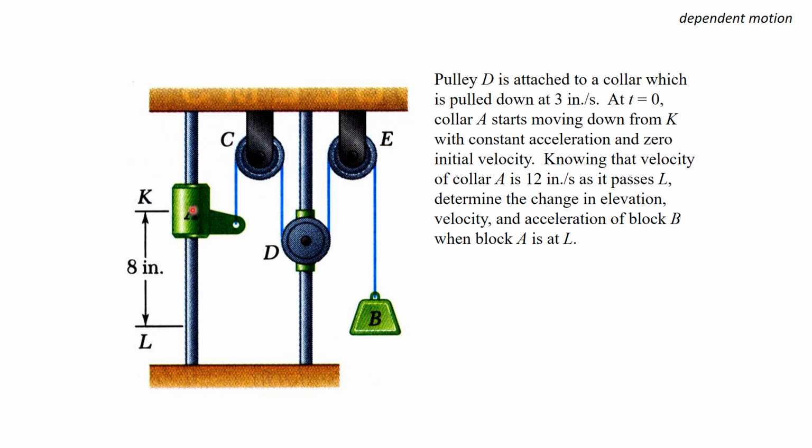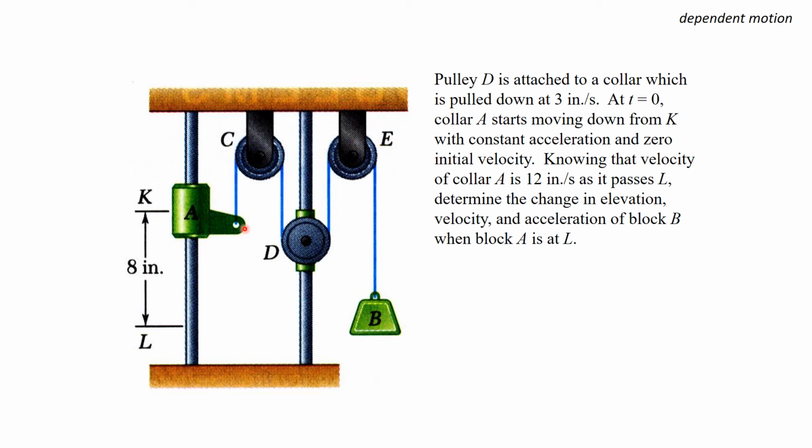Knowing that the velocity of A is 12 inches per second as it passes L, so it's going to start moving down and then it's going to pass L, find the change in elevation, velocity, and acceleration of what B is doing when block A is all the way down at L. So we know what A is doing, we know what D is doing, and from these two pieces of information, we're going to work our way back over to figure out what B is doing.